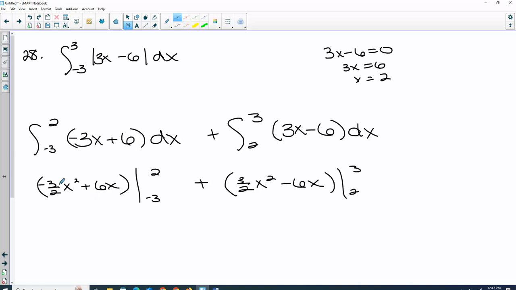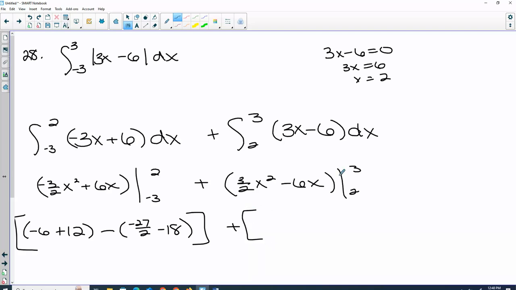So if you plug in the 2, 2 squared is 4 times -3 halves is -6. Plus 12 minus, if you put in a -3, that would be 9, so -27 halves minus 18. Put in 3 here.